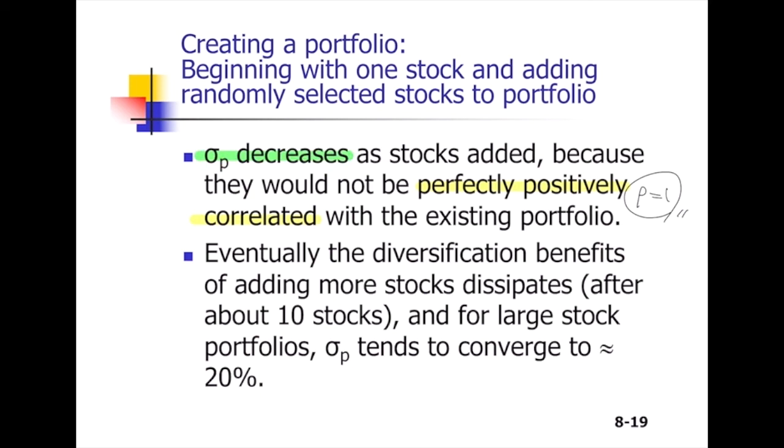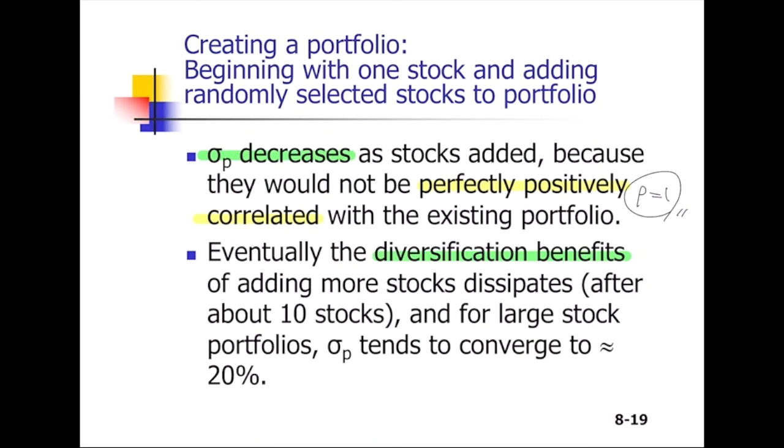We can say that is the diversification benefit or diversification effect. The benefit of adding more stocks diminishes, meaning it disappears after about 10 stocks. And for large stock portfolios, portfolio standard deviation tends to converge to 20%.